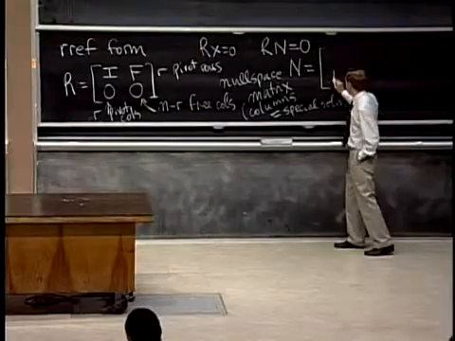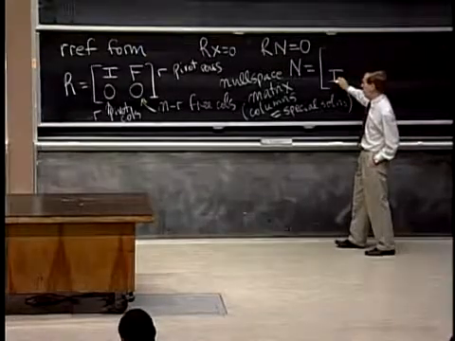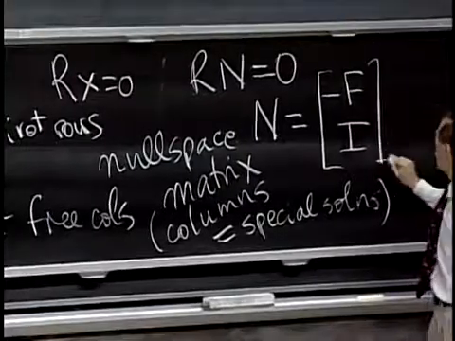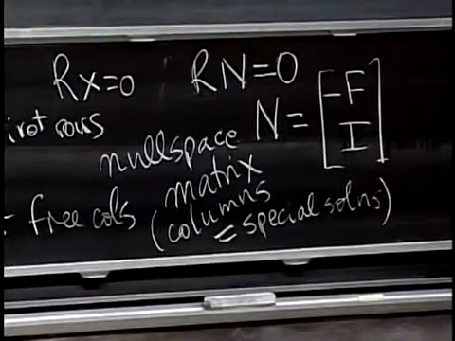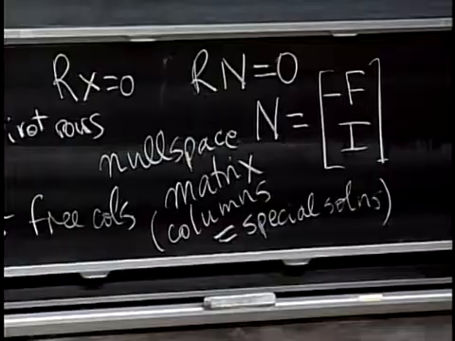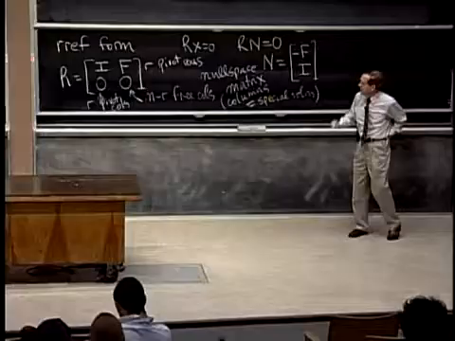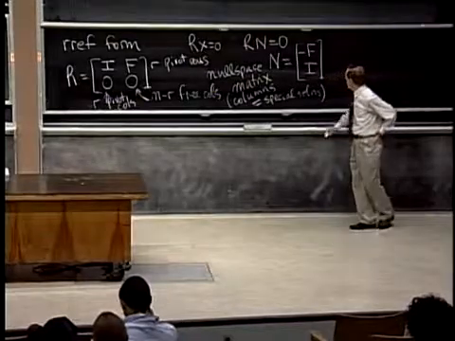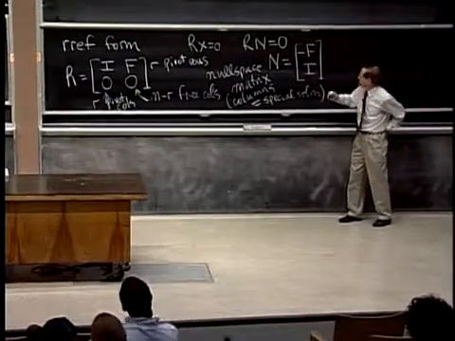I'm going to put the identity in the free variable part, and then minus F will show up in the pivot variables, just the way it did in that example. There we had the identity and F here and in the special solution.